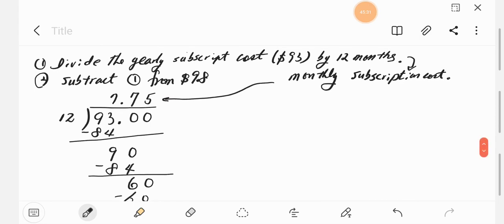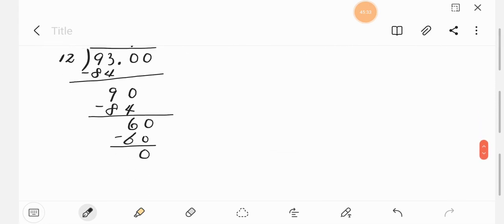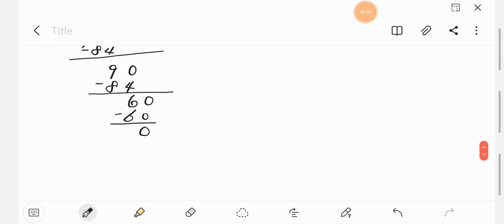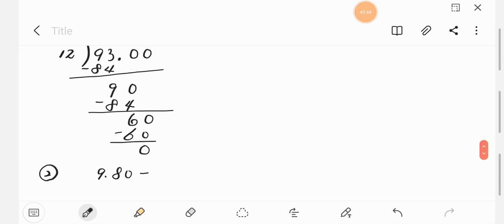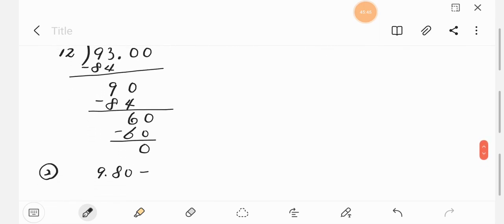Okay, so that's number 1. Number 2 is subtract. So from 9.8, I will subtract the monthly cost, right?